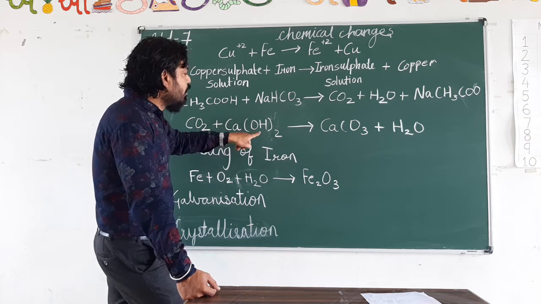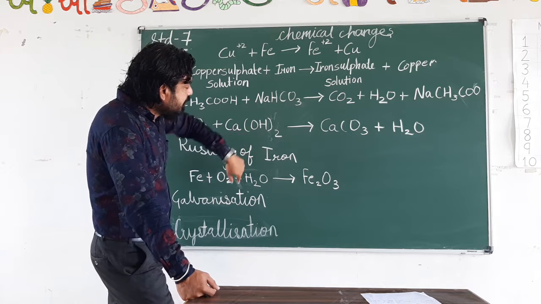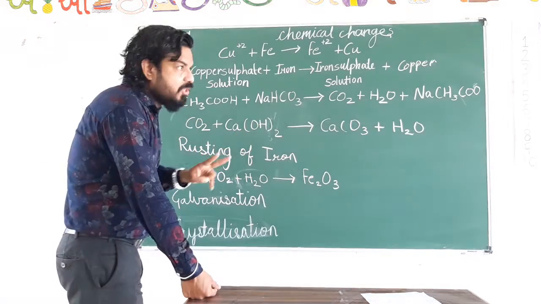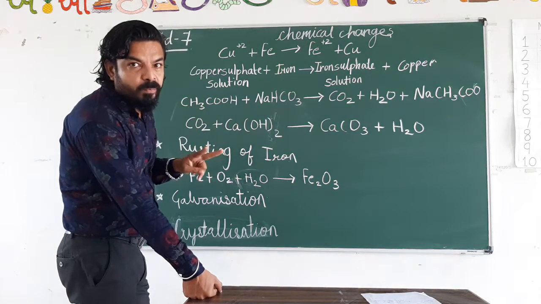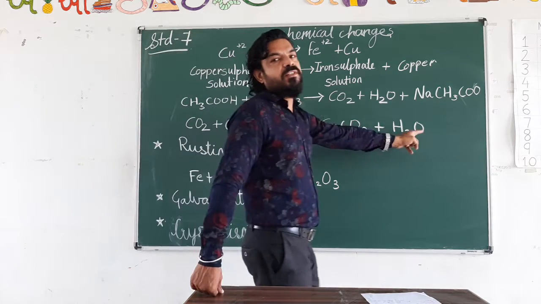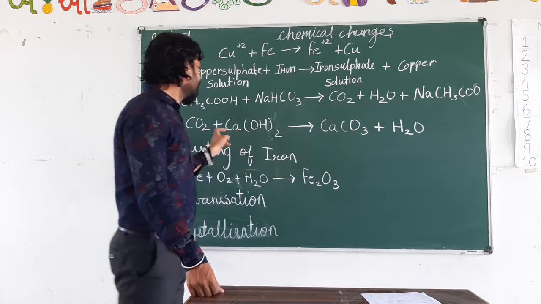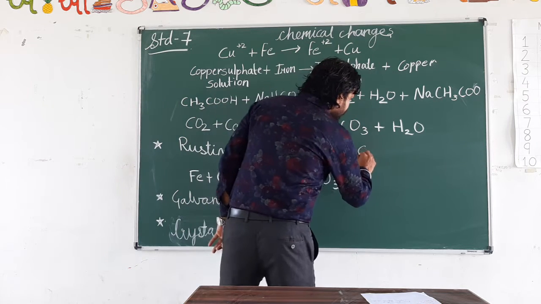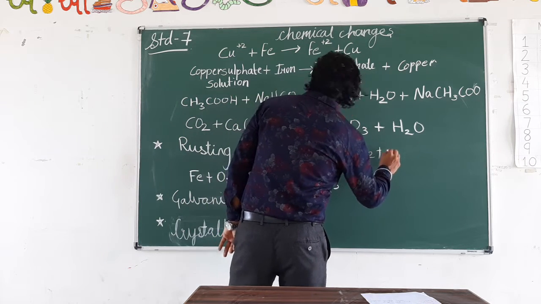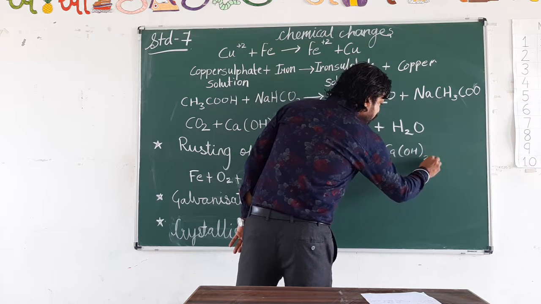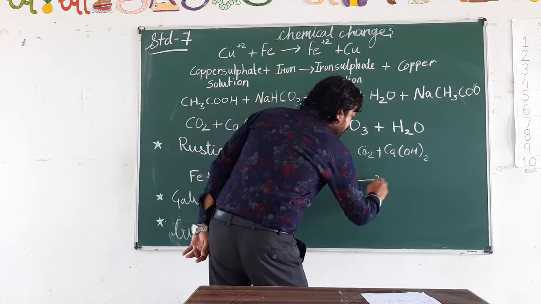The reaction has OH2 in the bracket, that means 2 moles of H and 2 moles of O. These combine, and from that 1 H2O is released here. So see how you will balance this: CO2 plus Ca(OH)2. Here OH2, what do you get?